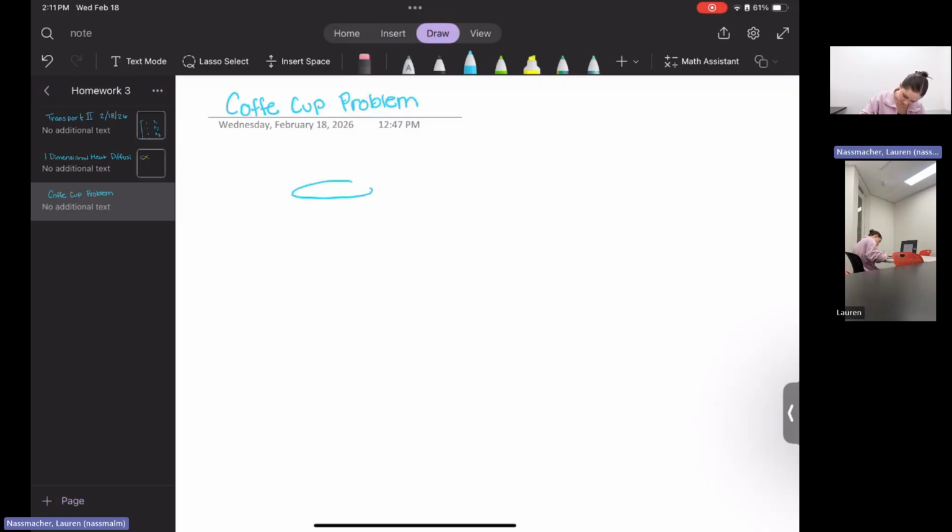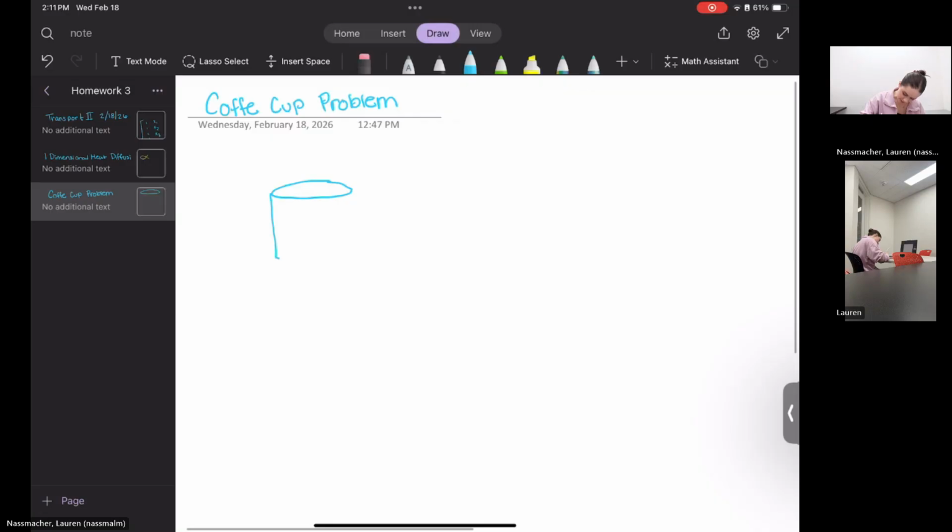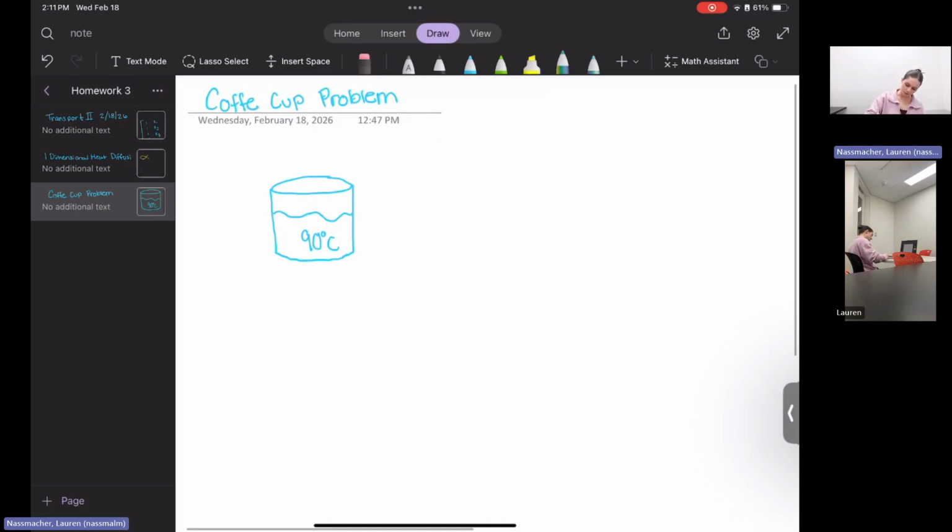This coffee cup is made of glass in this situation, and it holds a hot liquid inside, 90 degrees. Now, when you touch the coffee cup, it's very hot. So you put an insulator over top. That way, when you hold the coffee cup, your hand doesn't get hurt.